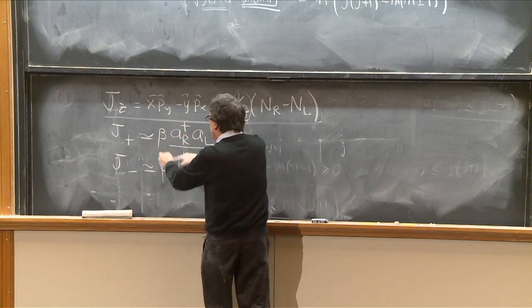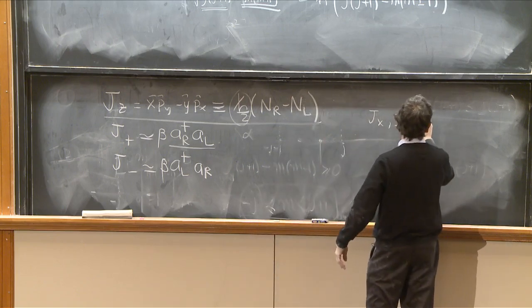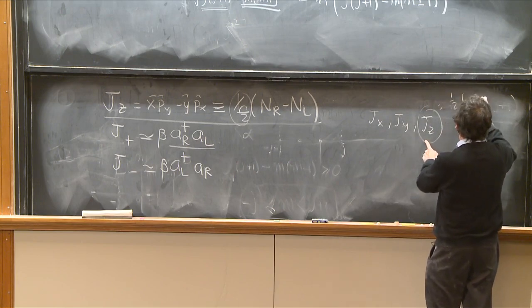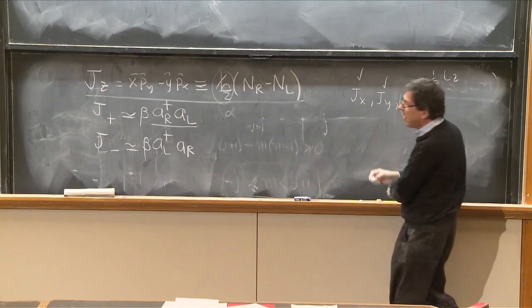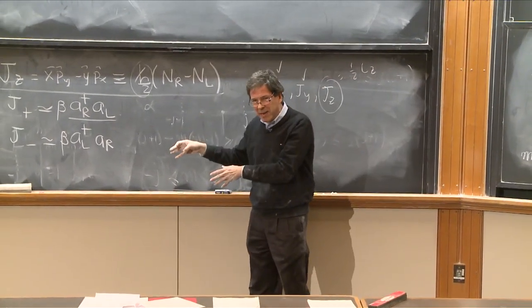And with this number, you have some sort of Jx, Jy, Jz, where this is like 1/2 of Lz, and those have come out of thin air. But they form an algebra of angular momentum.